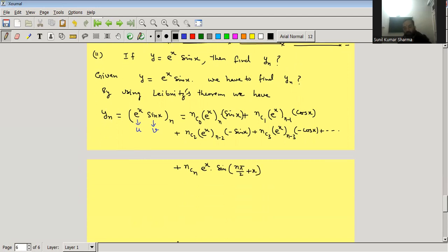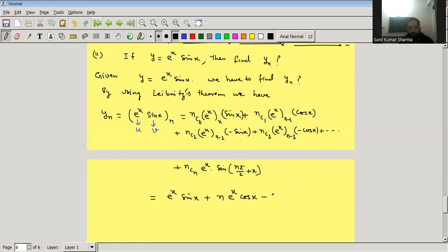Okay? So now, as we know, if we differentiate e to the power x one time, two times, however many times we differentiate, we always get e to the power x. So we can write nC0 is 1, so the n-th derivative of e to the power x is e to the power x into sin x, plus nC1 is n, e to the power x, the (n minus 1)-th derivative same, into cos x, plus nC2, e to the power x (n minus 2)-th derivative, again you get e to the power x.